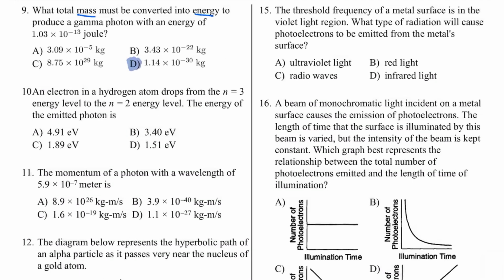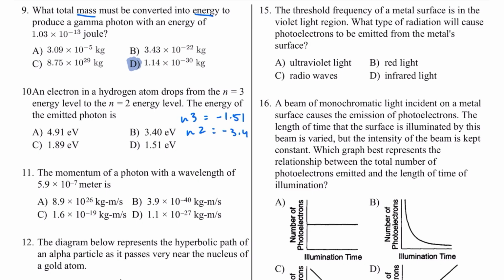Number 10, an electron in a hydrogen atom drops from n equals 3 energy level to the n equals 2 energy level. The energy of the emitted photon is what? So this is super easy. All the information we need is on the reference table. So we just go in the reference table and look for the energy of hydrogen atom. So the energy at n=3 is going to equal negative 1.51. And at n=2, it's going to be negative 3.4.